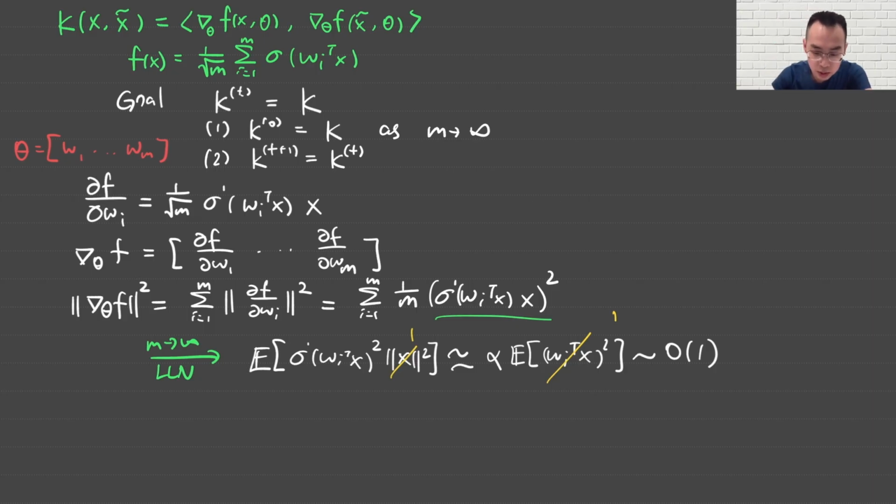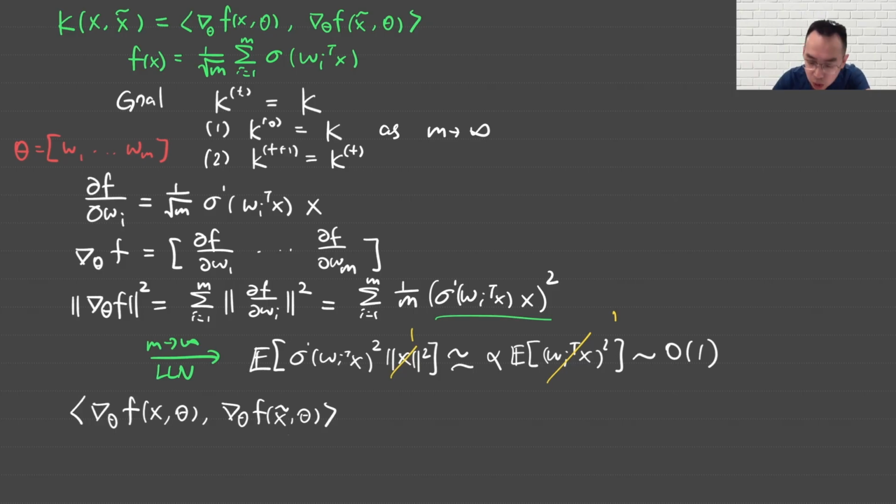Okay, so the next thing that we can compute is the NTK, right? That will be just the dot product between two data points. So we have f of x, theta, and then dot it with f of x tilde, theta. That's the dot product we want to compute. So let's just plug in the expression here.